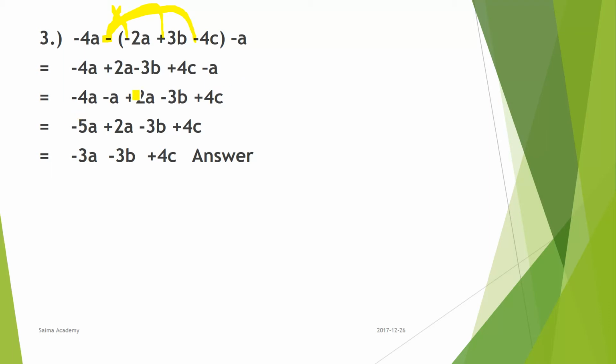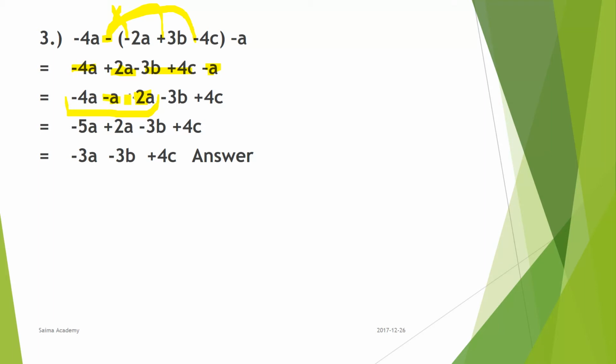Then we will see if we can arrange something. This is minus 4a and this is minus a, and this is plus 2a. So we have this one set, and then minus 3b and 4c we write down as it is, because we do not have any more terms with b or c.